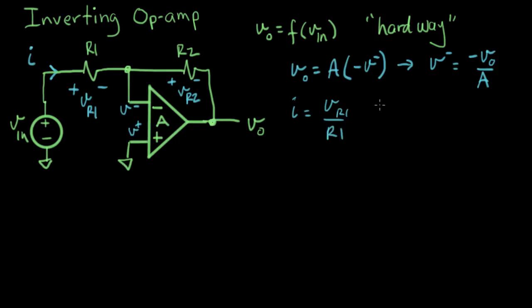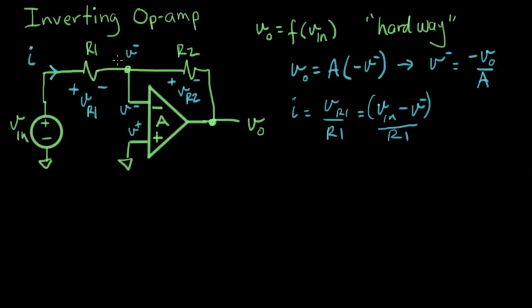Another way I can write that, what's this voltage here? This is V minus. So I can write this in terms of V minus, and that equals Vn minus V minus over R1.